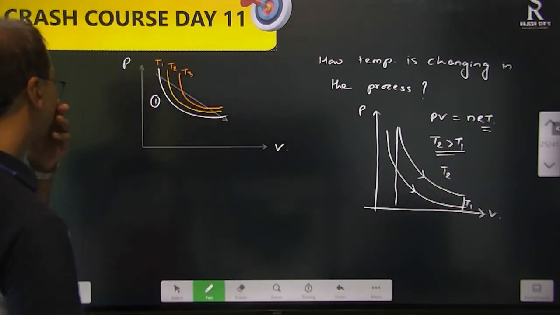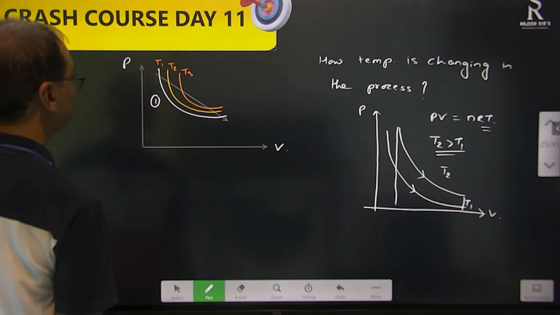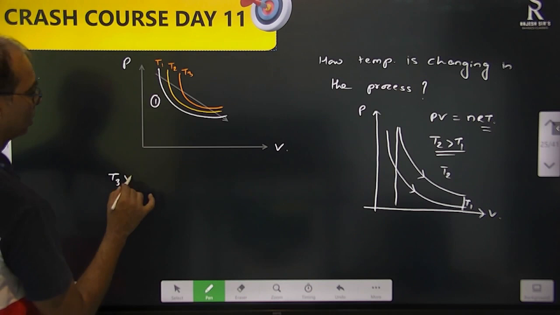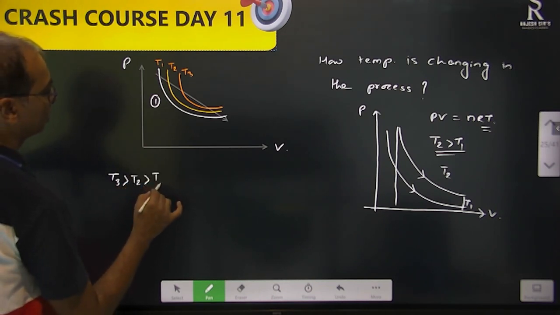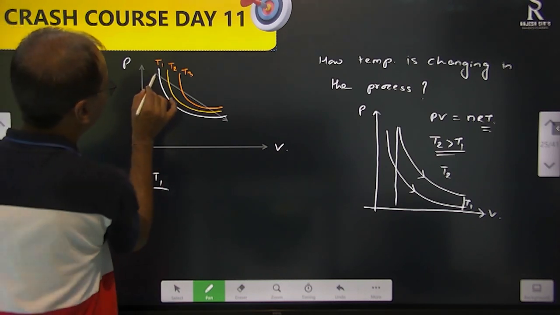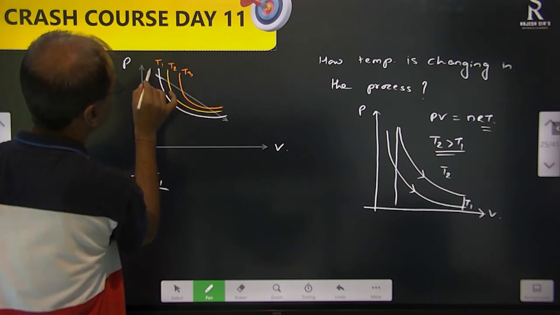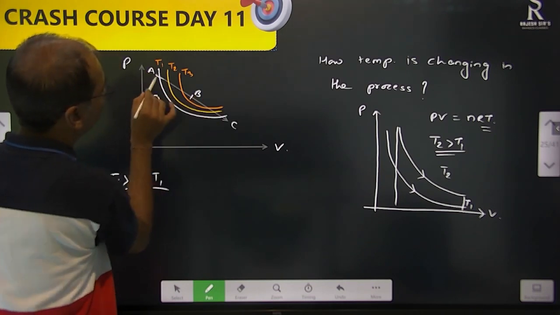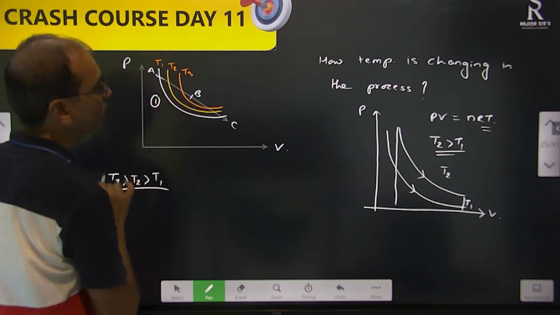Now here you see. Whose temperature is more with the same logic? It's T3 greater than T2 greater than T1. So as you are moving from here to here, suppose this is A, this is B, and this is C. When you move from A to B, temperature is increasing.